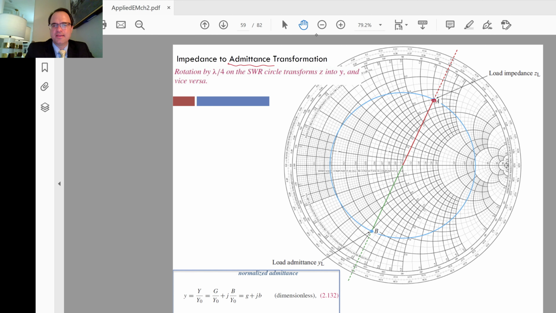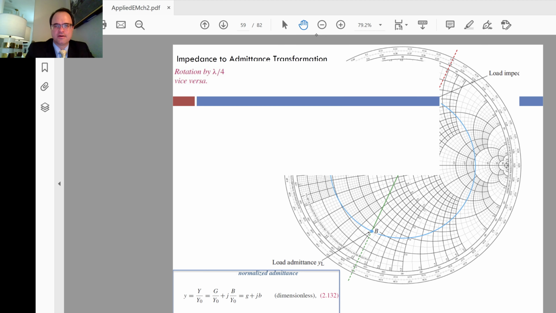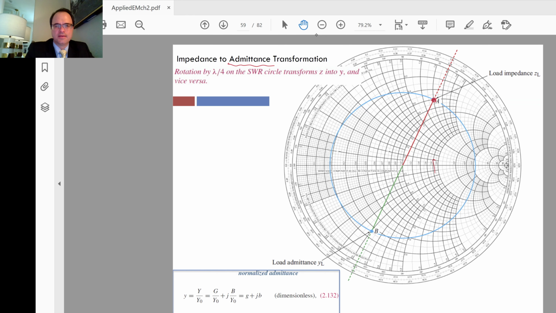If we have an impedance that takes us to this point right here in the Smith chart, so this is a certain gamma R and gamma I, then from that we get an RL and XL value by looking at our family of curves.